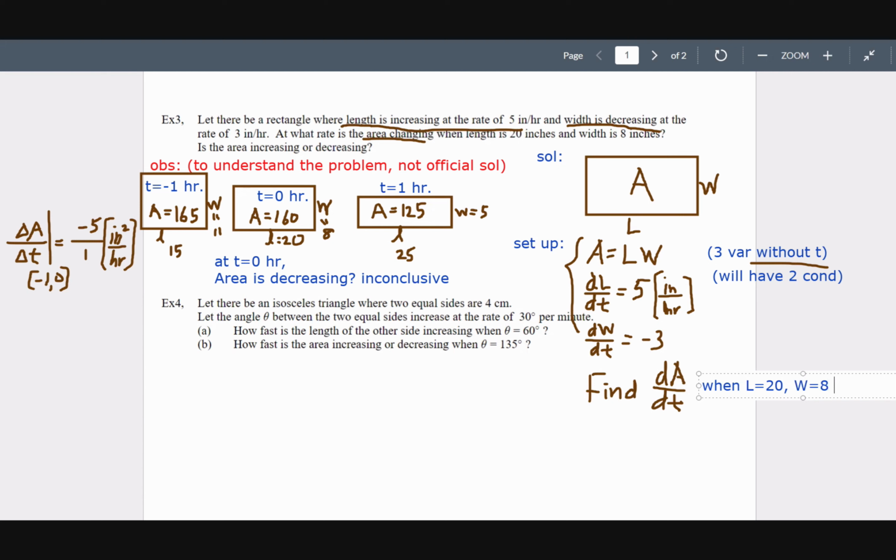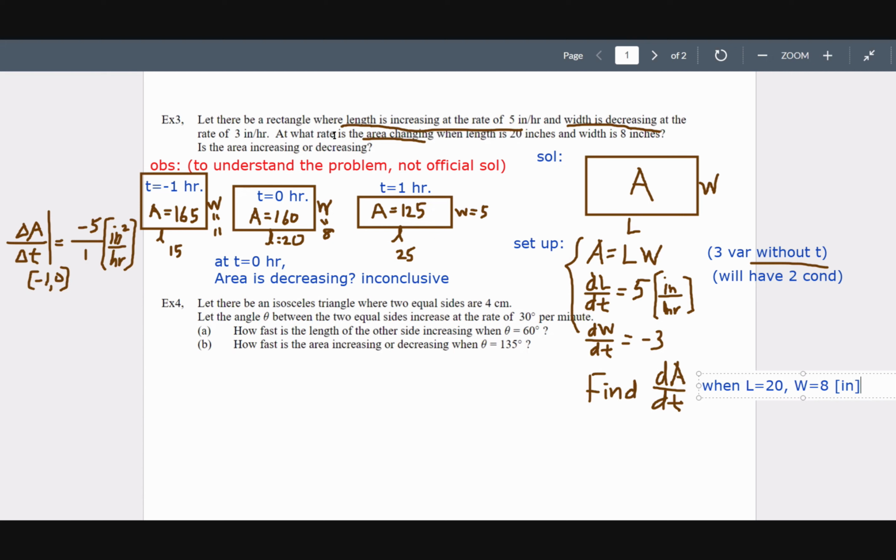And of course, it's going to be inches, 20 inches and 8 inches. So this will be the setup. Any questions about the setup?